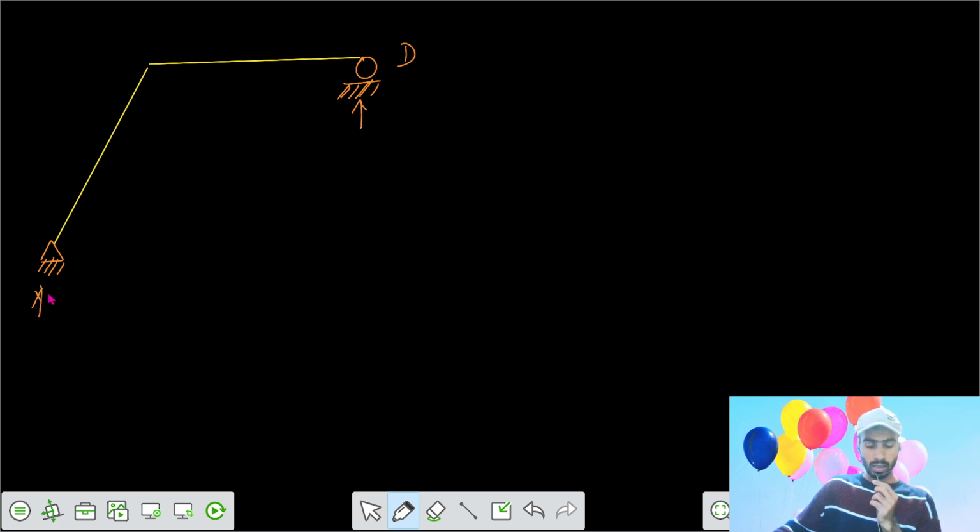So you got a frame with an inclined member and simply supported, with a hinge support here and a roller at D. You got A here.